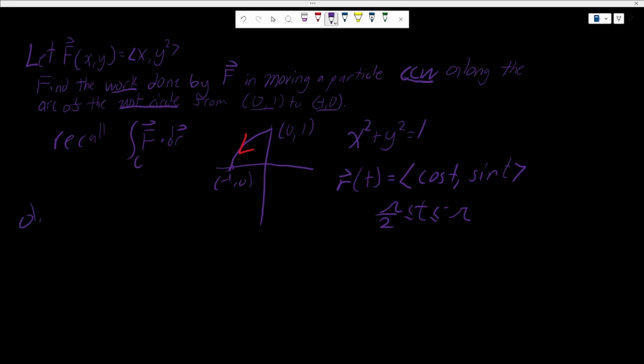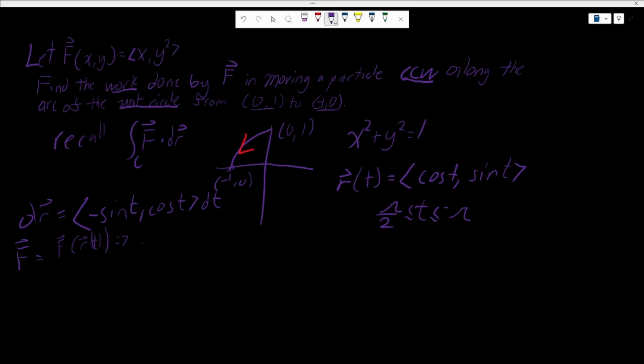So now that we have our curve, let's start finding the integrand. dr is going to be equal to the derivative of our vector function r of t. The derivative of cosine t is negative sine t, and the derivative of sine t is cosine t. And let's put our dt. Now that we found our dr, let's find our big F, which is going to be F of r of t.